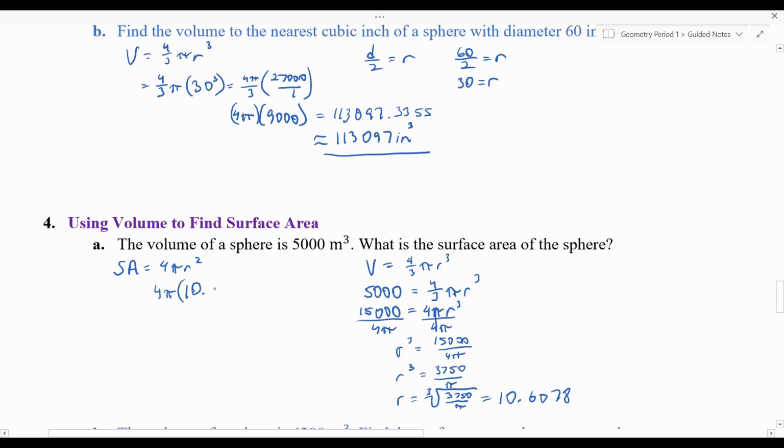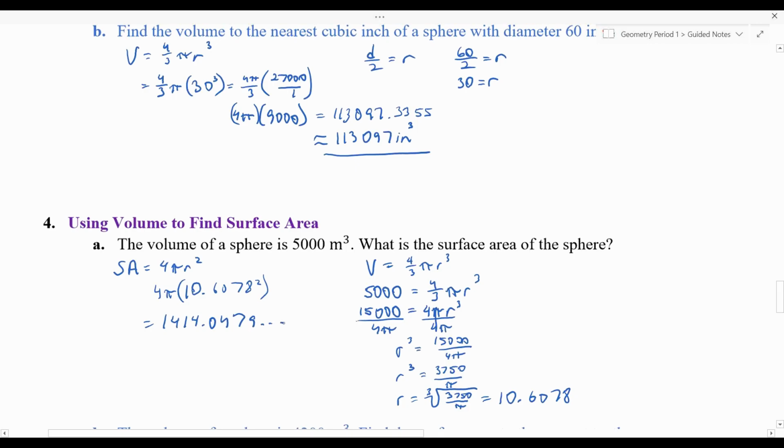So it's going to be 10.6078. That's the radius, so it's going to be squared, raised to the second power. And when we multiply all these together, we get that the surface area is going to be 1414.0479, and it keeps on going.